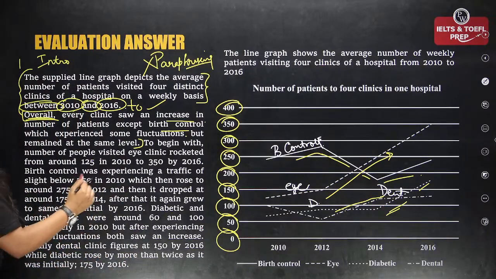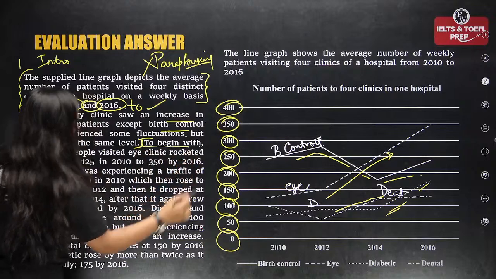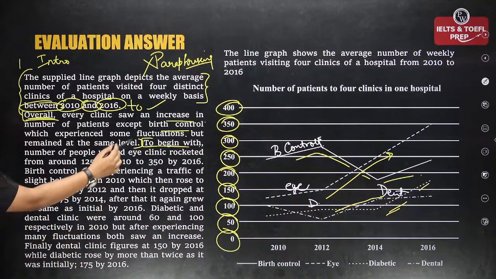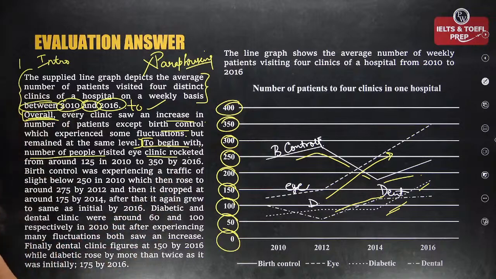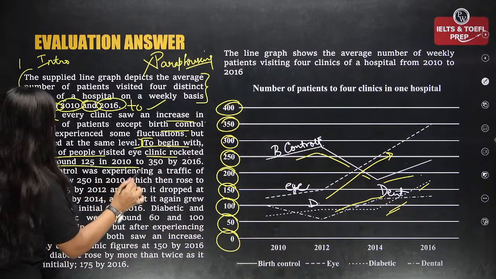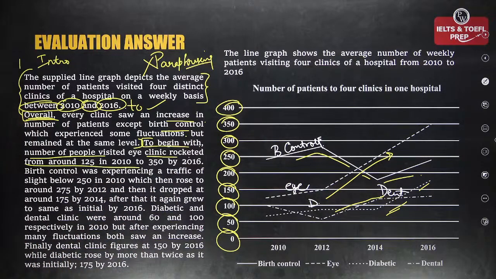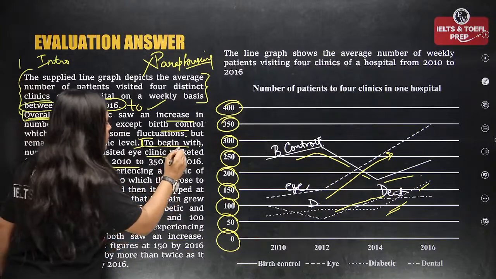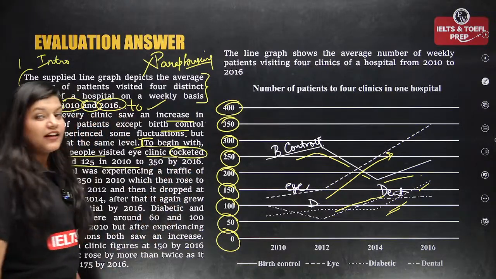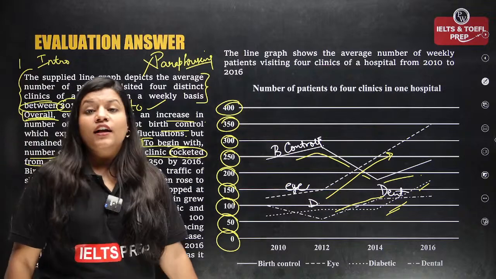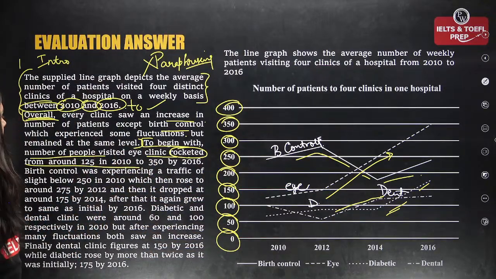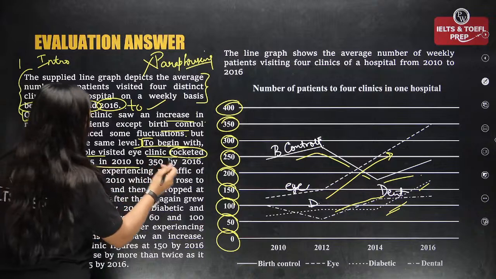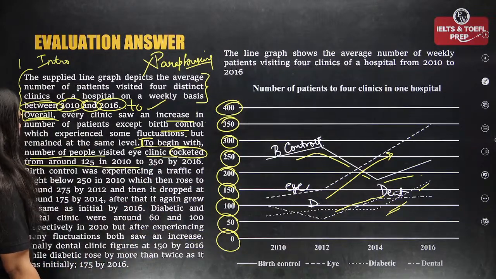Okay. Now, to begin with, we are going to start with the first paragraph. To begin with, number of people visited eye clinic rocketed from around 125 in 2010. One thing I'd like to appreciate over here is the word "rocketed". Very precisely, very nicely used. The vocabulary that is being used is very good. Amazing. Okay. Now, visited eye clinic rocketed from around 125.